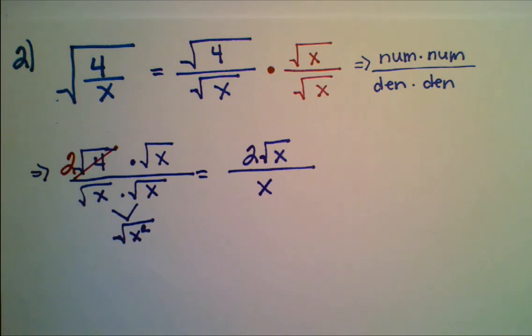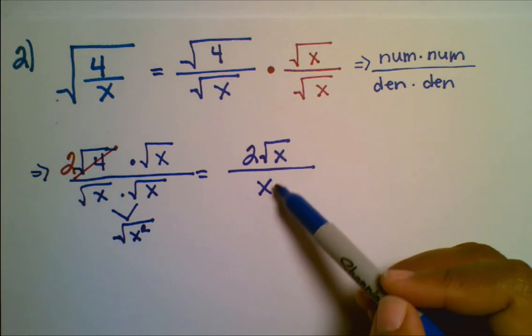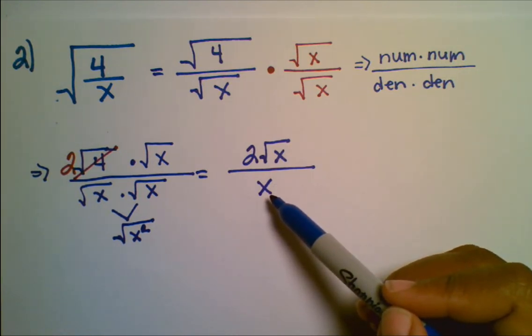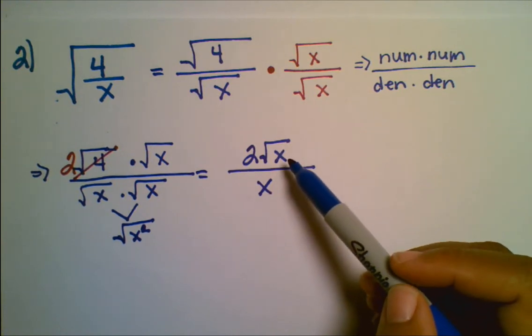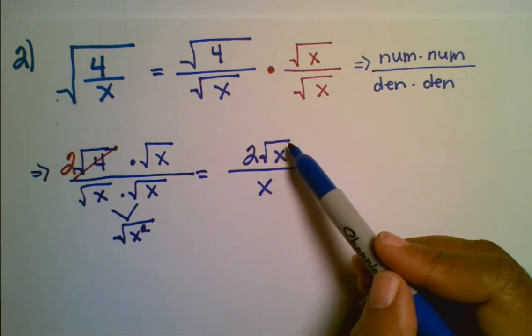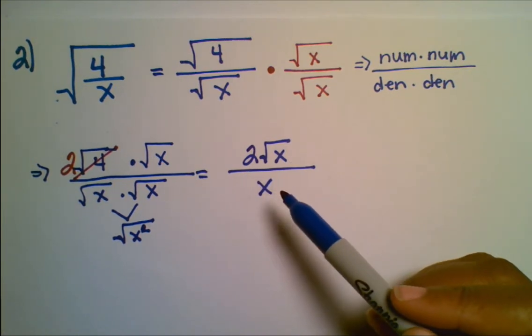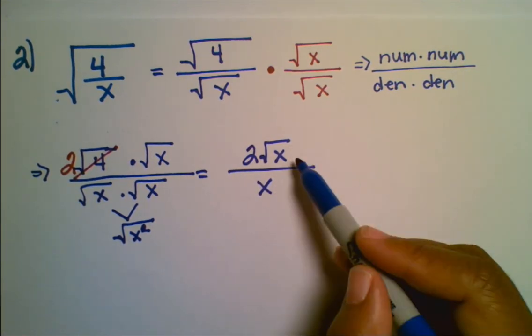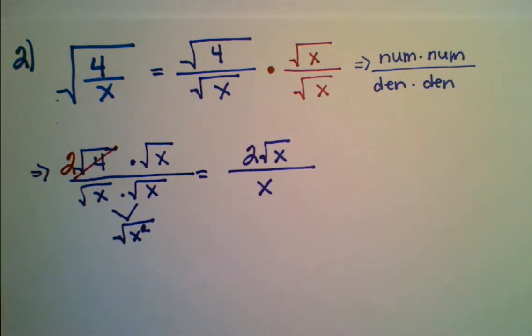And here again, do not try to cross out the radical x versus the x that's in the denominator. They're two separate expressions. So we're going to keep the radical x as the radical x, and that x is under the radical sign, so we don't touch it. But anything outside the radical, if we can reduce it, we will do so. So our solution is 2 square root of x over x.